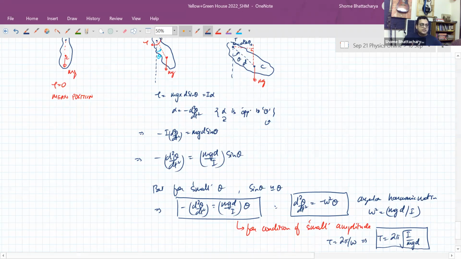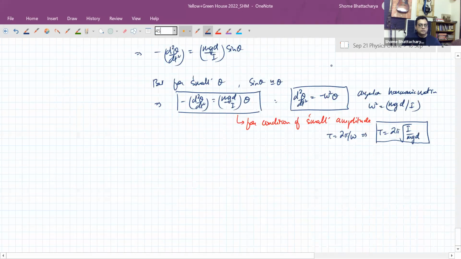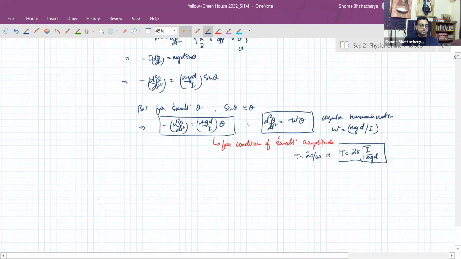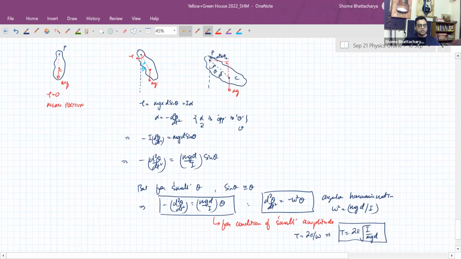So this becomes like a general formula, just like we had a general formula for spring mass systems. The time period is 2 pi under root m divided by equivalent spring constant. So for any physical pendulum, this becomes a general formula.